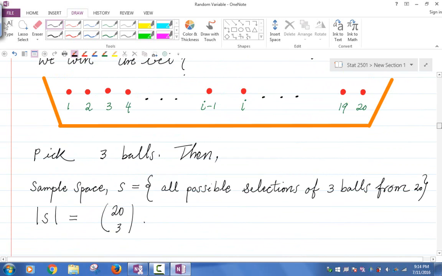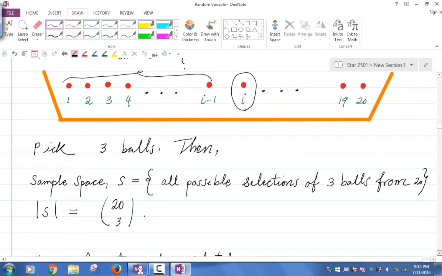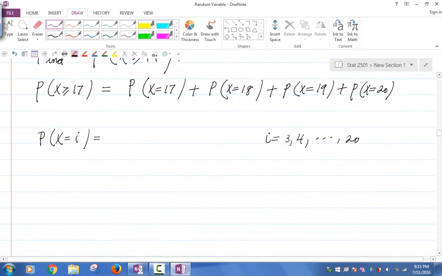So notice, if the largest number picked is I, that would mean the remaining 2 will have to be picked from the numbers 1 up to I minus 1. So let me repeat that again. If the largest number picked is I, then the remaining 2 numbers must be picked from 1 to I minus 1.